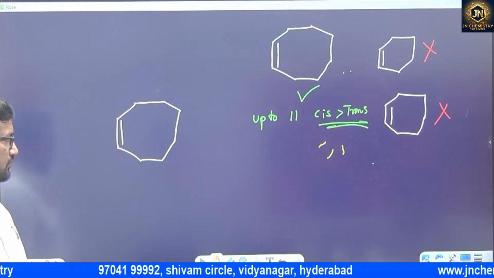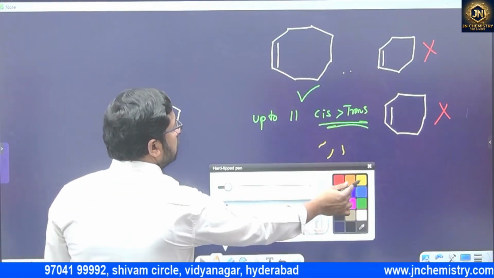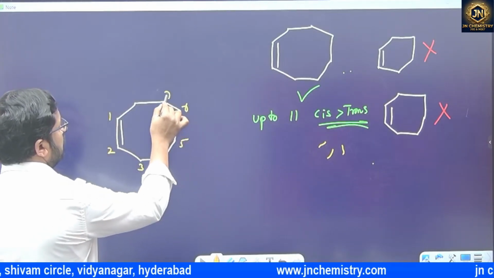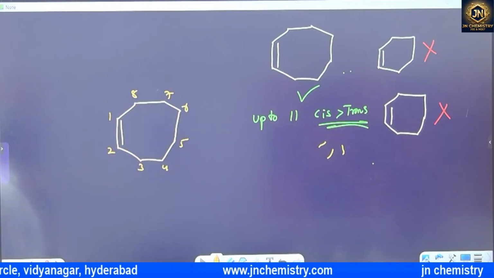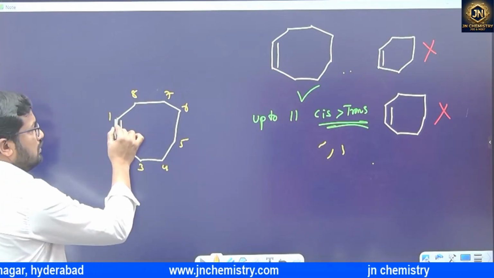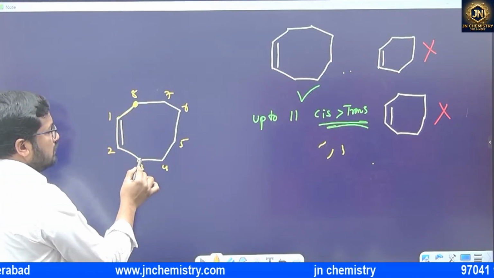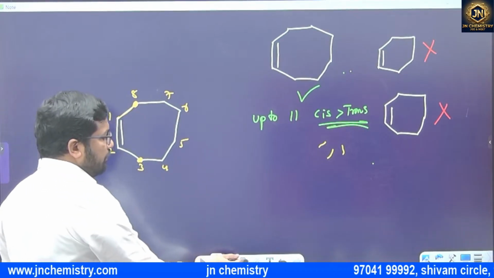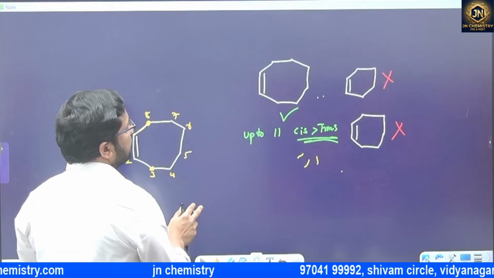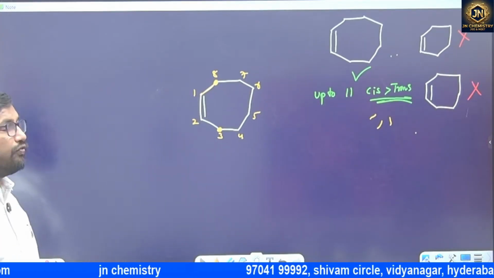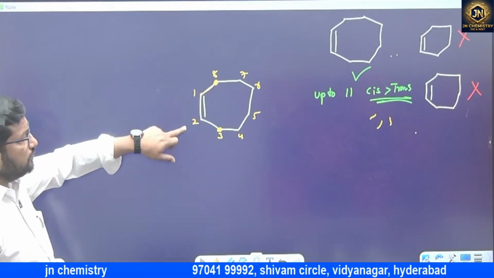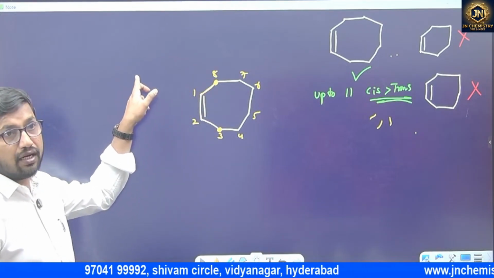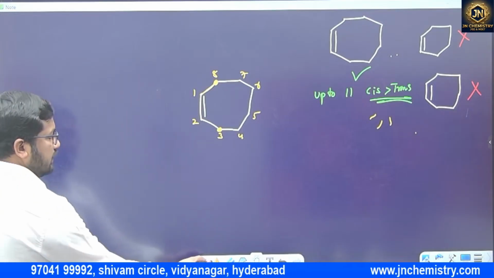Is this cis or trans? Two carbons are on the same side. Cis. So if we want to write the trans, what do we need to do? If carbon 3 is on this side, imagine carbon 8 should come to this side. But we are not breaking the bond. So imagine.